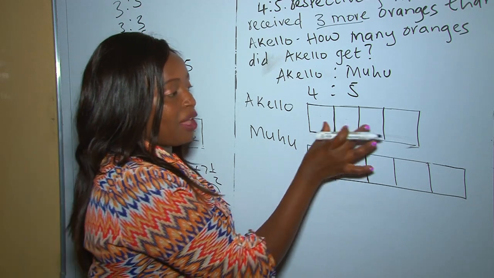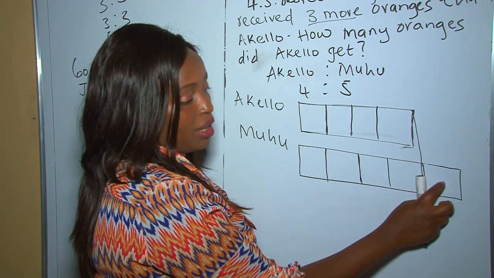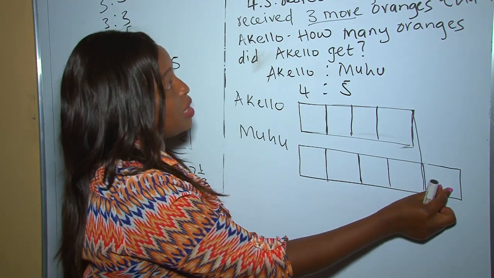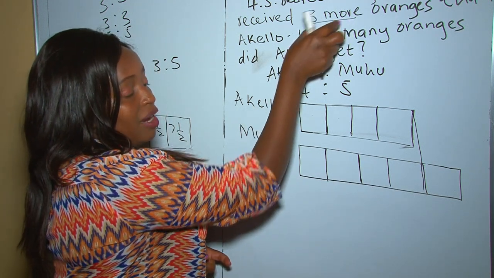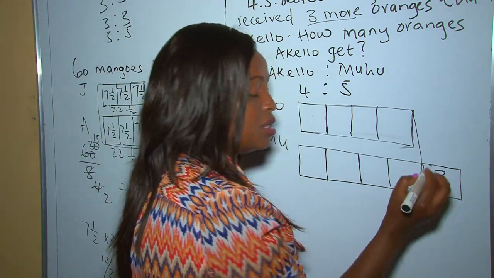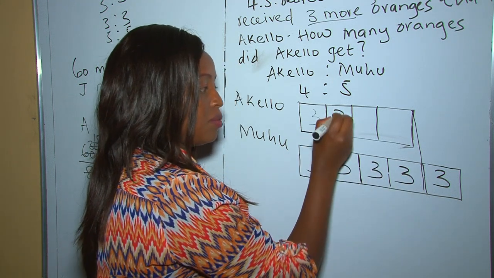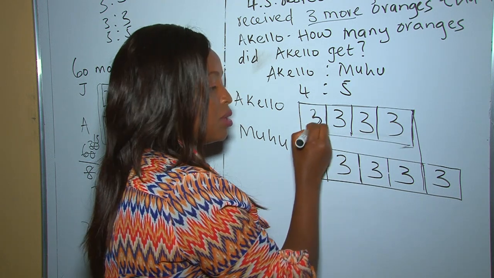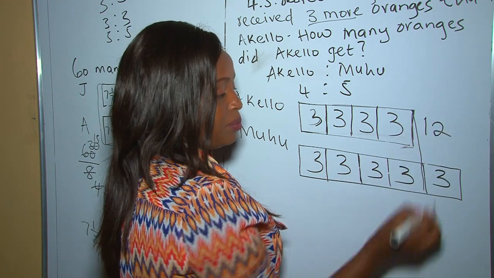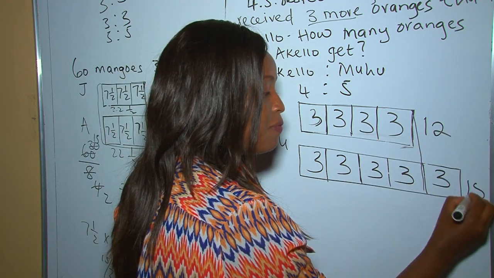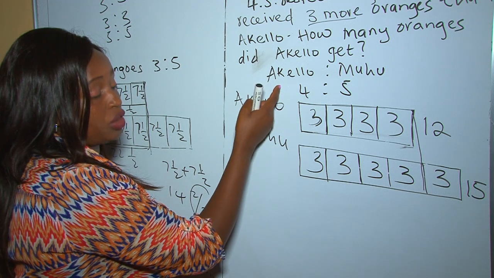Therefore, if they were to get equally, 4:4, they could have gotten up to here. So this one here makes Muhu receive more than Akelo by 3. Therefore, this one is equivalent to 3, meaning every part here now becomes 3. When we put these together, 3 times 4 gives you 12, and 3 times 5 gives you 15. So as you can see, Muhu got 15, Akelo got 12.